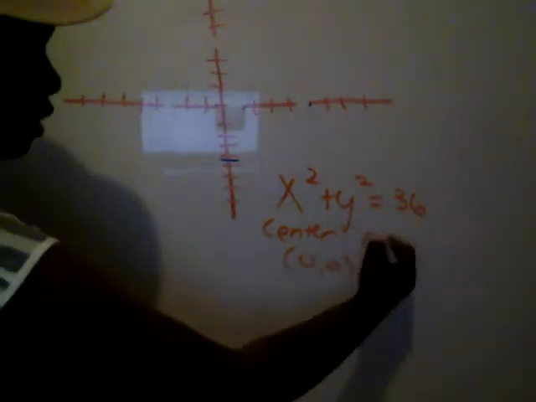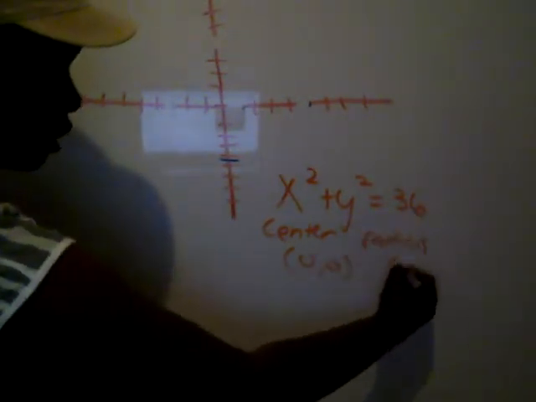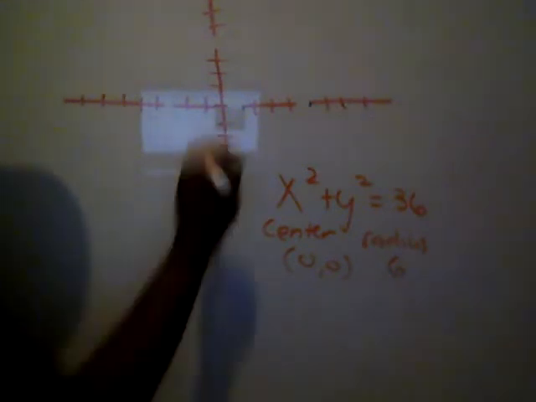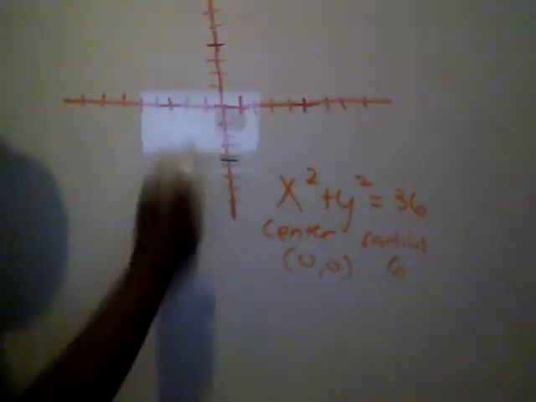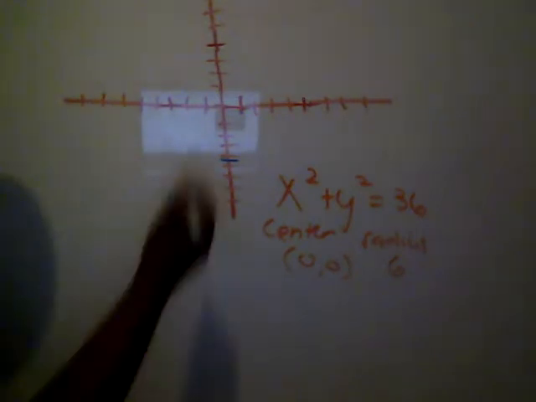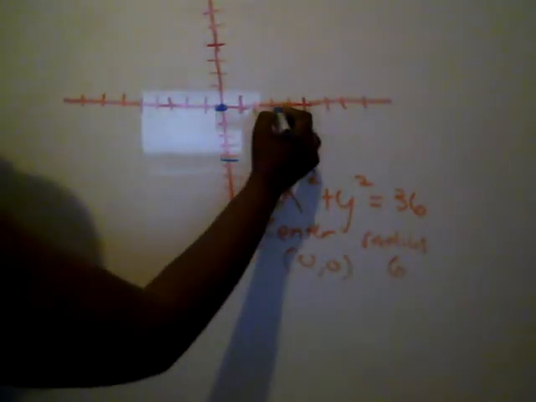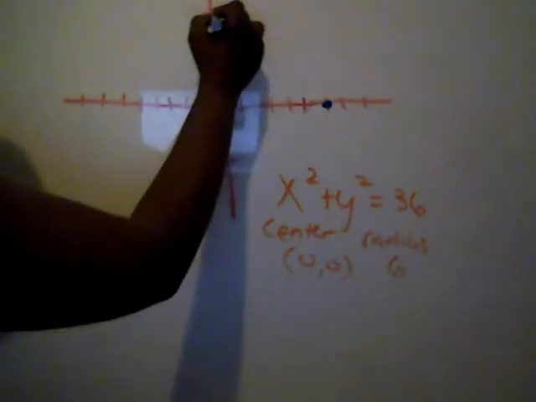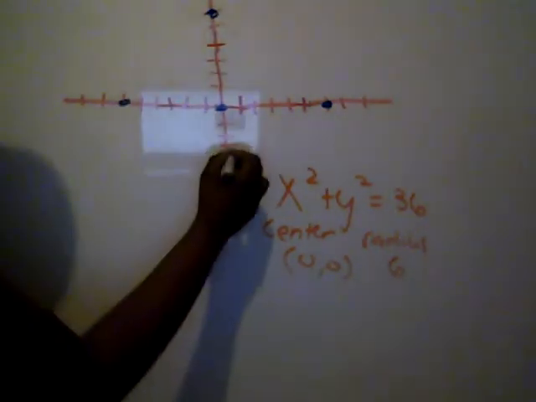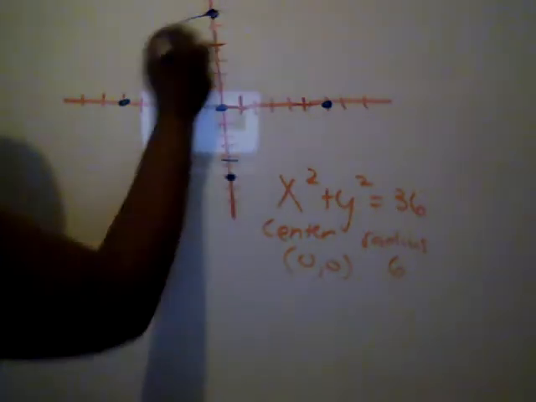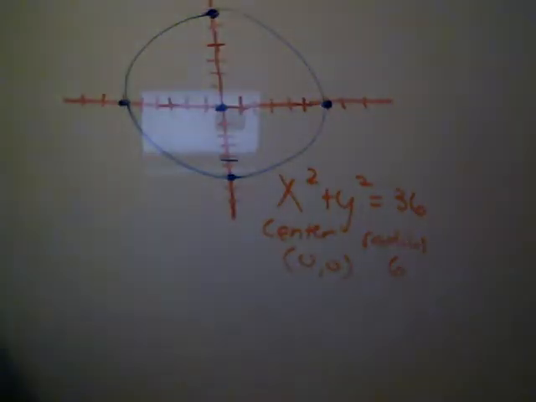And then our radius would be 6, the square root of 36. So we would have the center of the circle right at the origin here, and then we go out 6 in each direction. So our circle would be something like that.